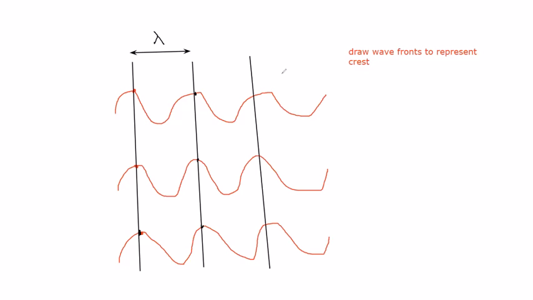Because the distance between two successive crests is the wavelength, the distance between two successive wave fronts is also known as the wavelength. What is the significance of the wave front? Just that it is a convenient way of drawing the wave.